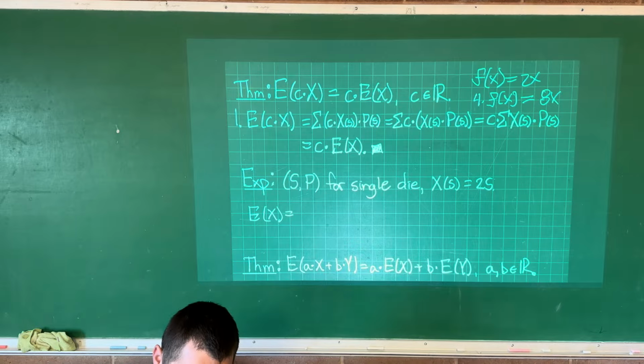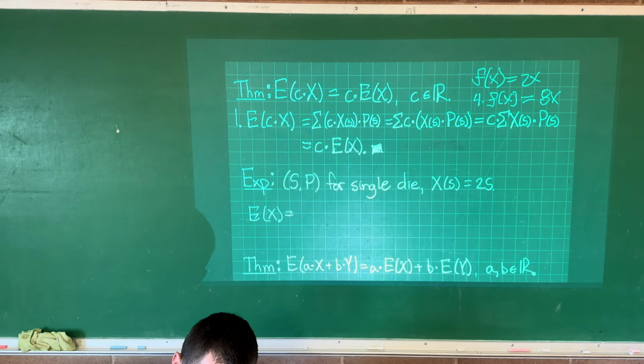It's just a constant. Okay, let's really quickly go through the proof and then talk about where we've already done an example of this. So we are doing the expected value of c times x. By definition, what is that going to be? Well, we're going to do the sum for all little s in big S of whatever our function is when you plug in little s, times the probability of little s. Now, I can use associativity to put my parentheses right here and right here.